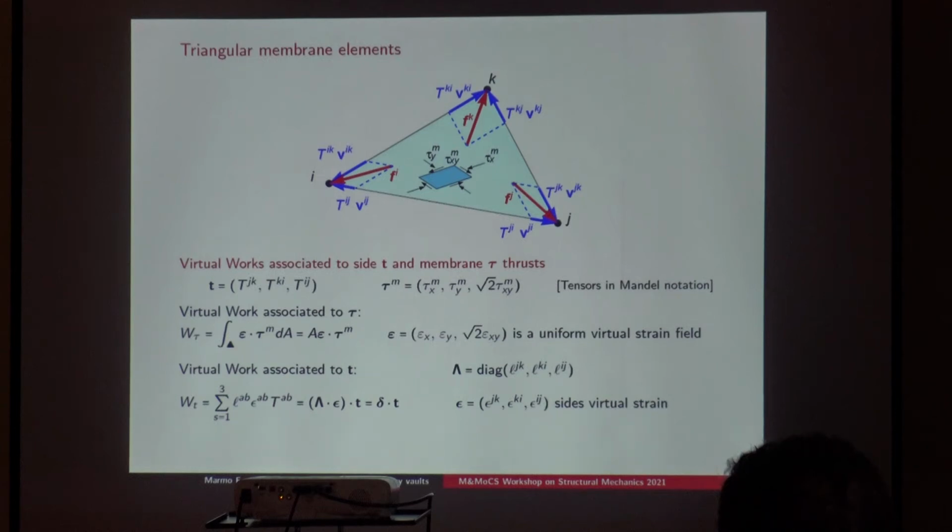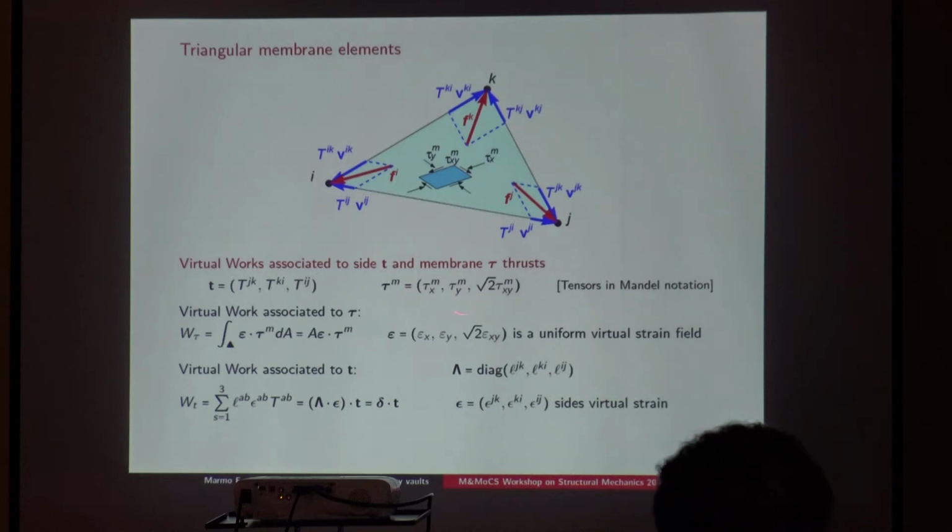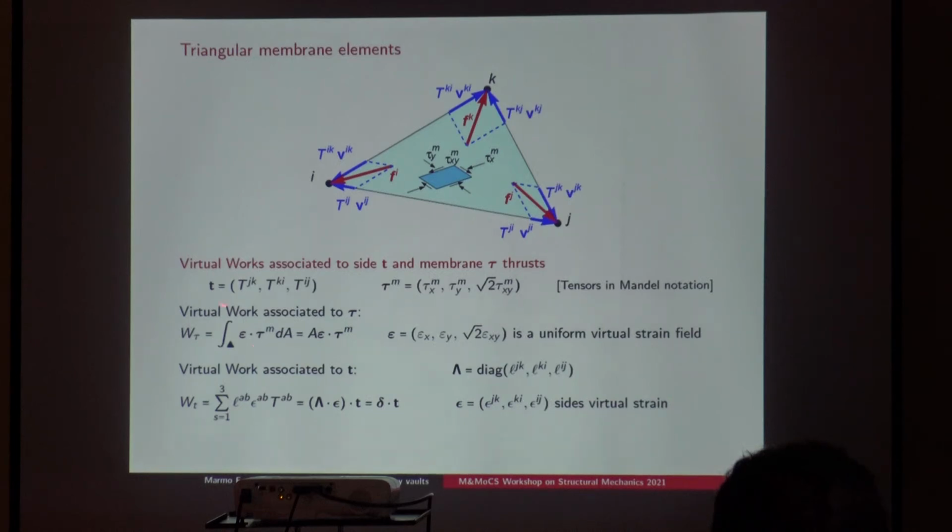Then we have to set an equivalence between the thrust values in the branches and the thrust tensor, which is just a membrane force tensor, expressed here in Mandel notation. And this is the virtual work associated with the thrust tensor for a virtual strain tensor.